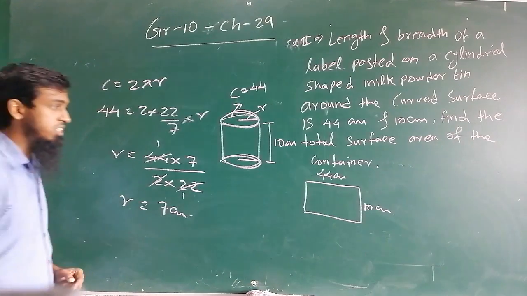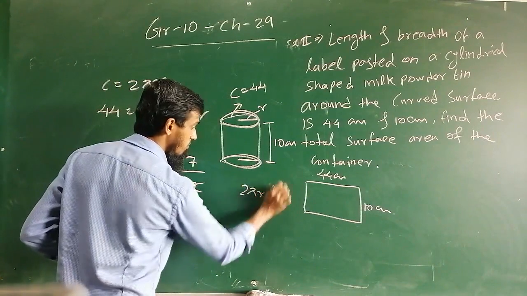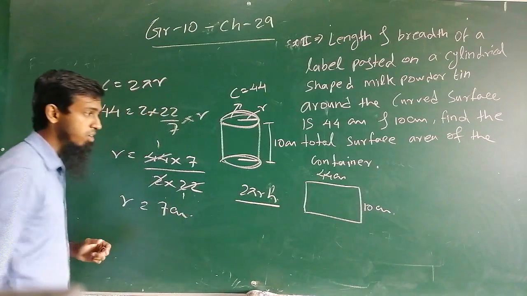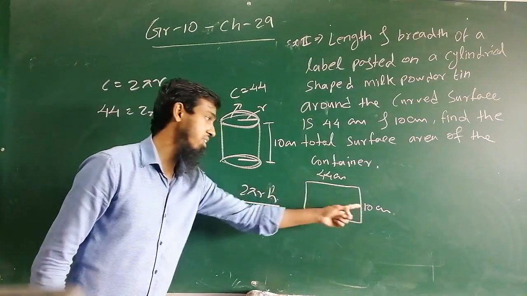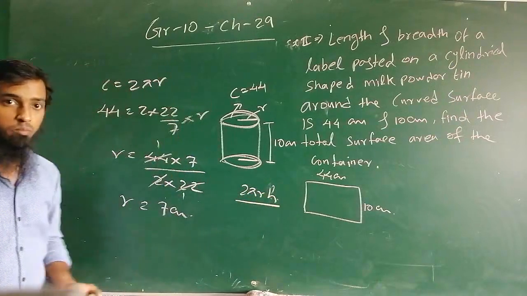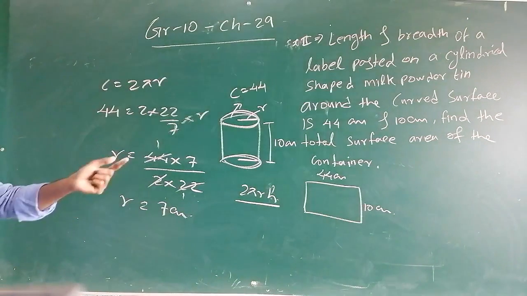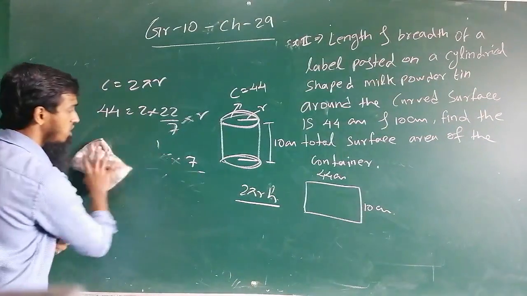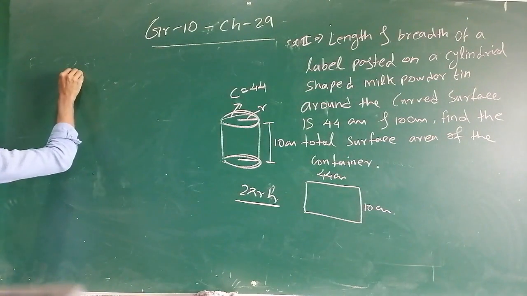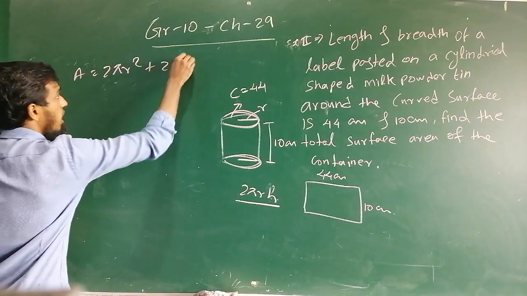In this question, we don't need to go for 2 pi rh, because the length and the breadth are given. So instead of 2 pi rh, we can use length and breadth. That is our basic theory. For the total surface area, you can use both ways. You can use the equation area equal to 2 pi r squared plus 2 pi rh.